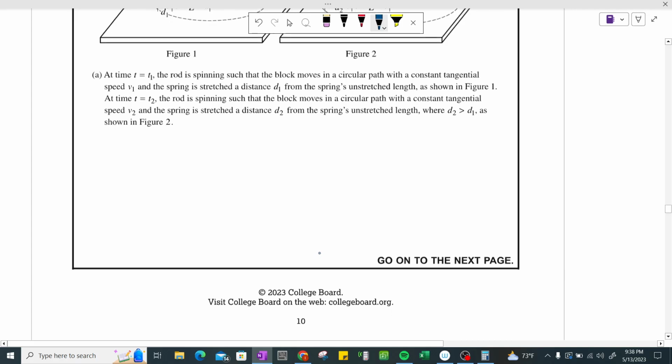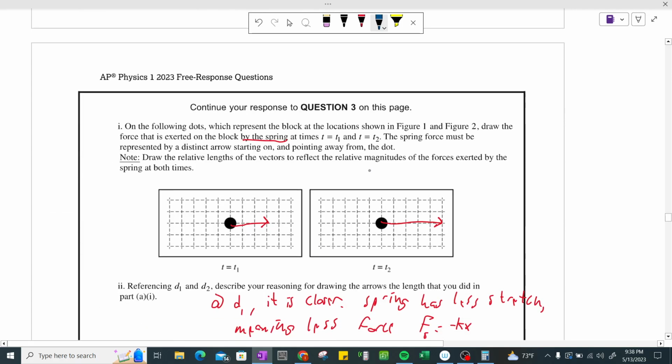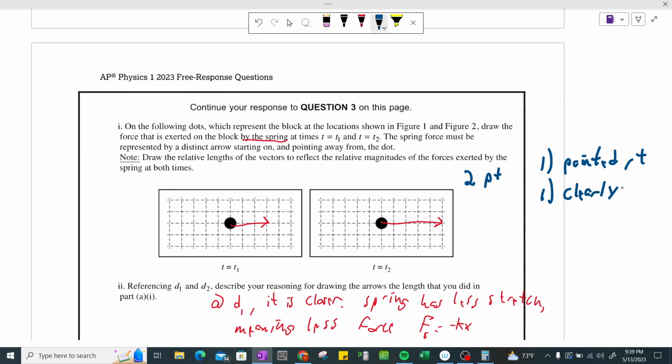Okay, so A is just instructions. So here we should have, I think, 2 points. I'm going to say 1 for the vector pointed right. We got 1 point for it being clearly larger at T2.